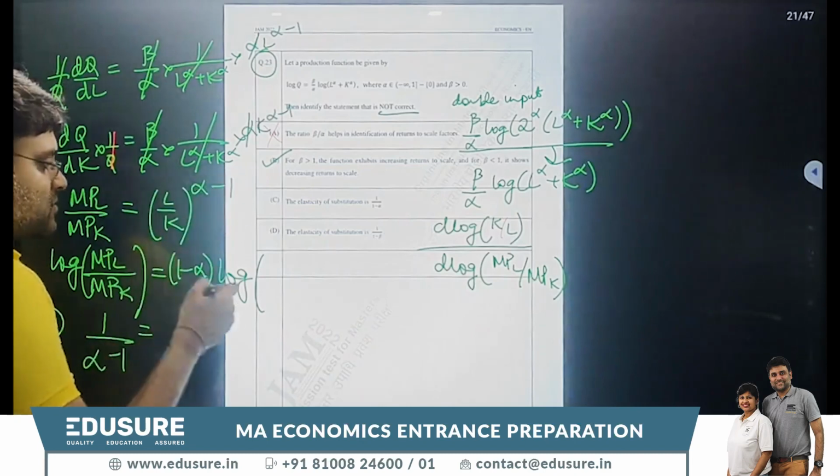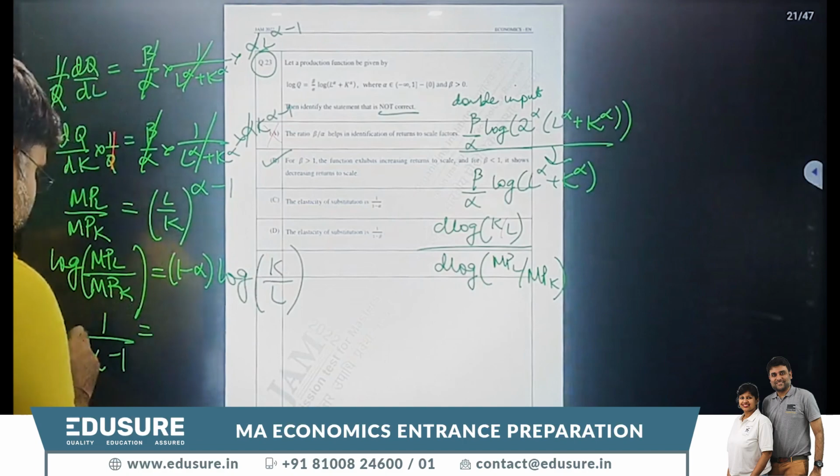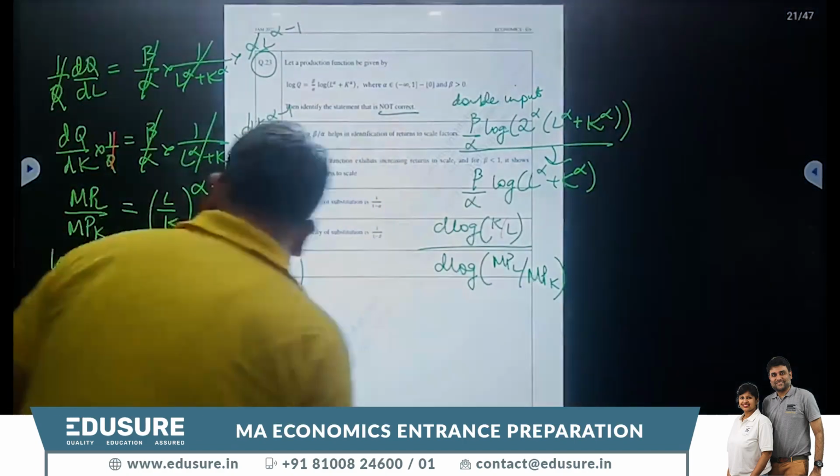K by L, this becomes 1 minus alpha. So basically what will happen here is 1 by 1 minus alpha.